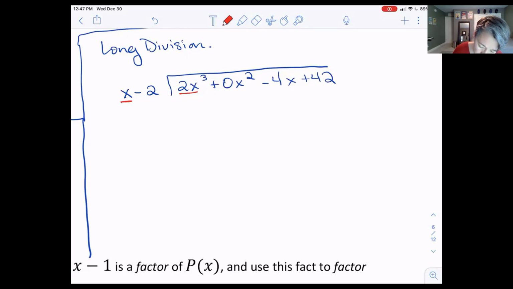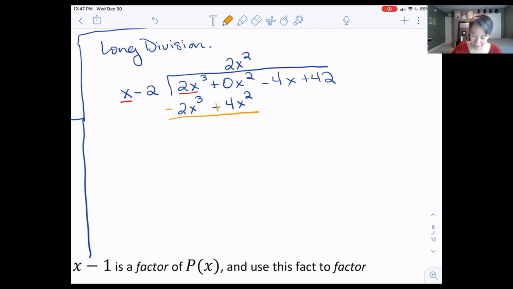So I'm going to put a 2x squared in my squared column. And then I'm going to distribute. 2x squared times x is 2x cubed. 2x squared times my negative 2 is a negative 4x squared. But now we have to subtract. So I have a little thing that I say, change the sign, draw the line, then combine.